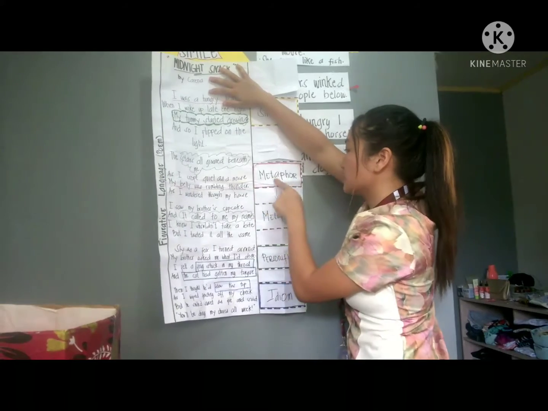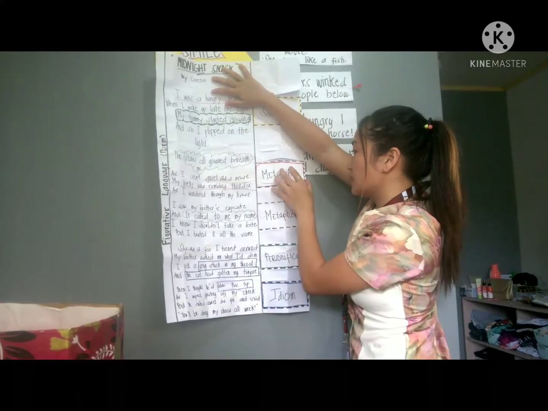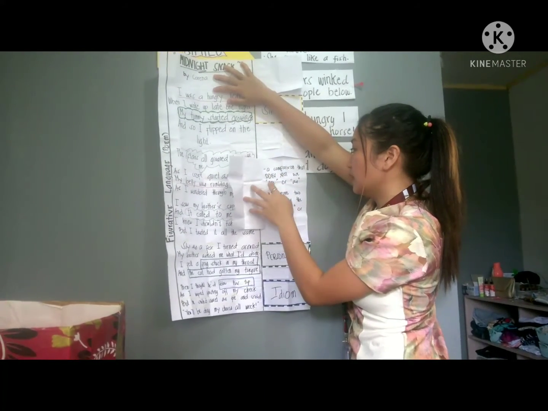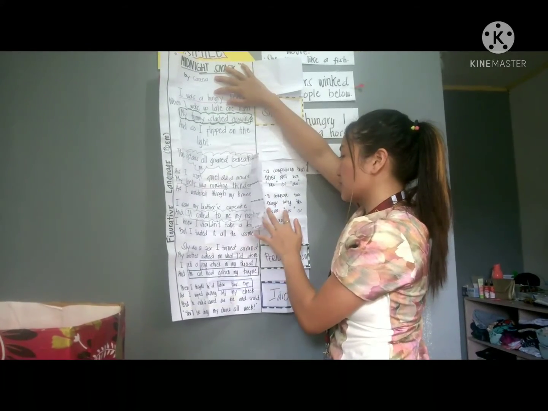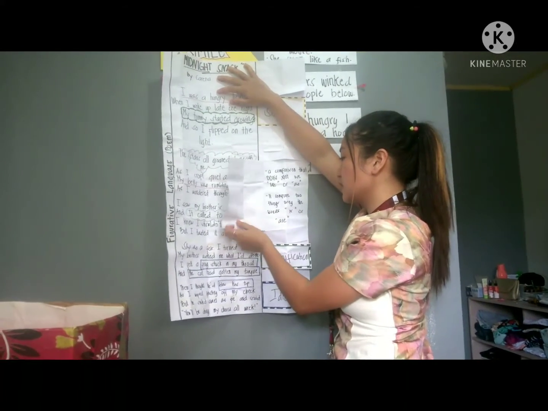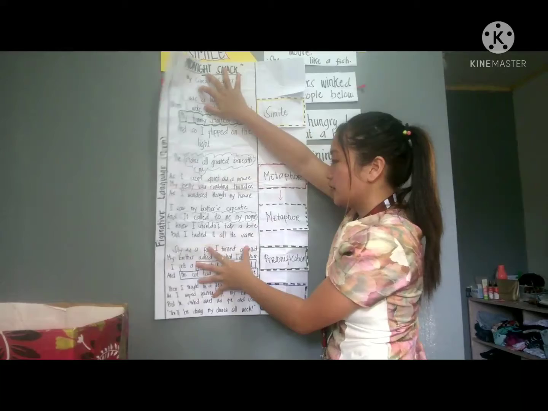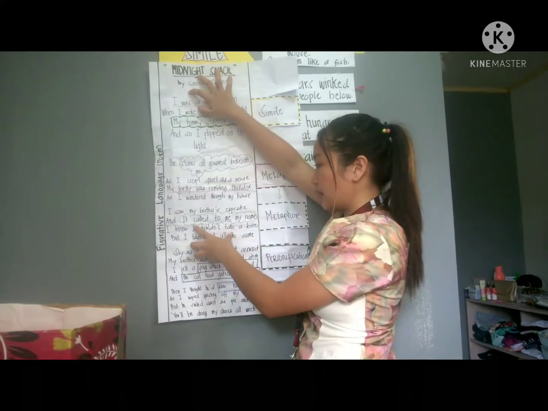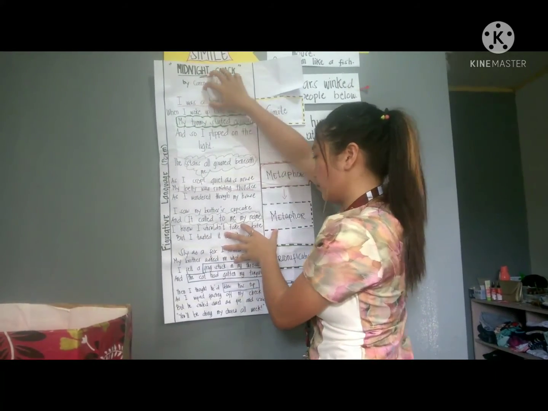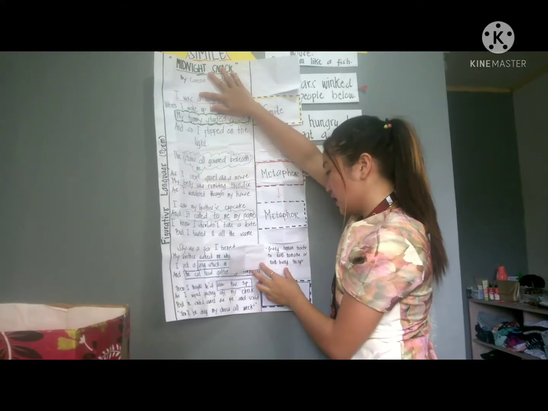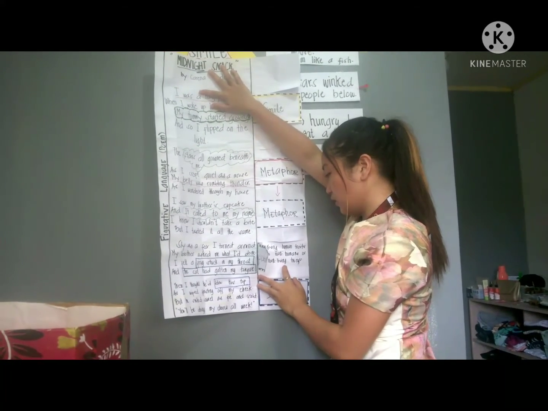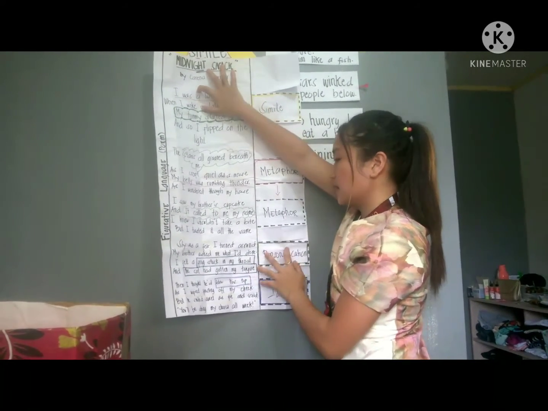This belongs to the metaphor because it does not use like or as. It compares two things using the words is or are. Then another, we have "it called to me by name." It belongs again to personification because it gives human traits to non-humans or non-living things.